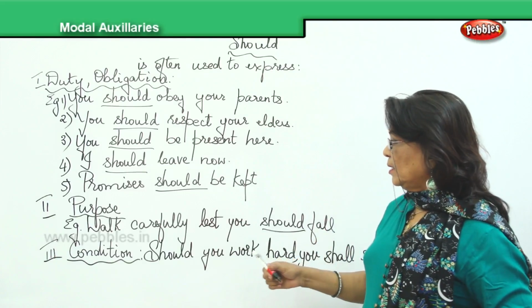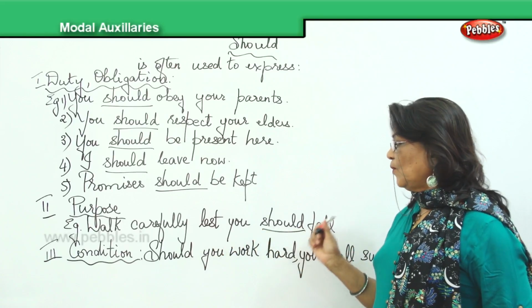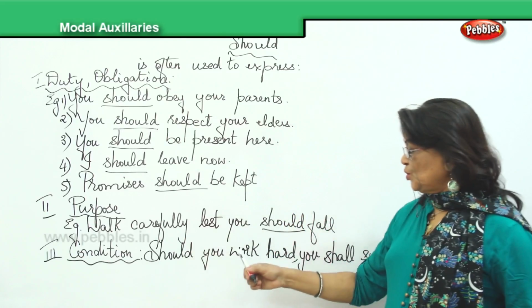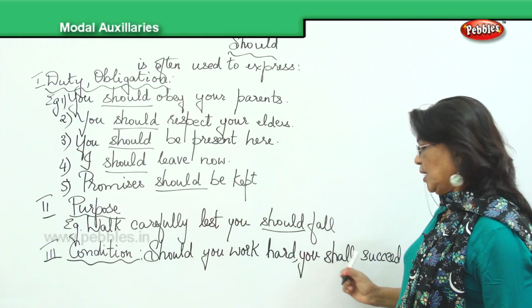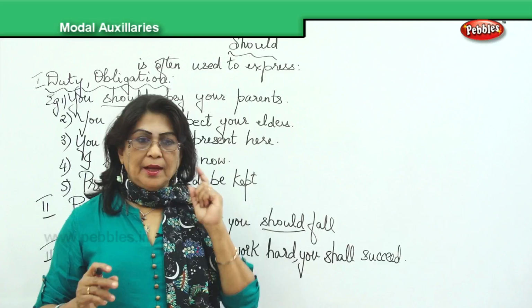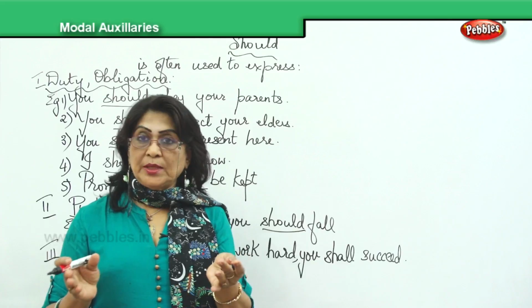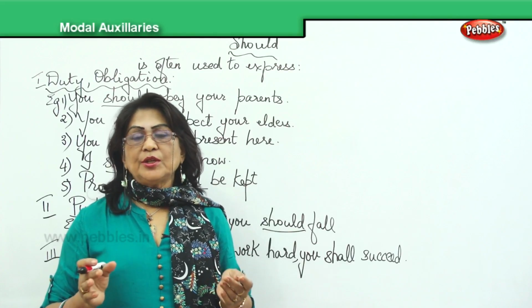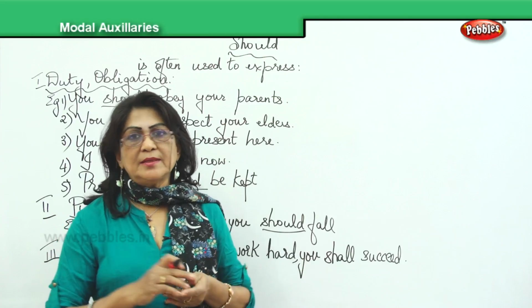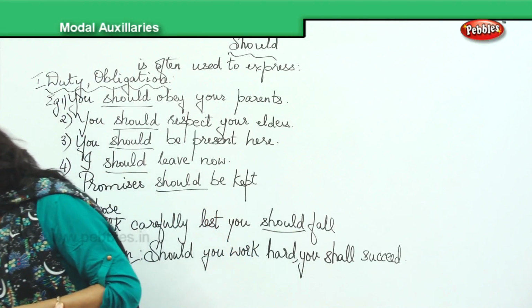Okay, let's see. Purpose, walk carefully lest you should fall. This is the purpose. And the third one is condition, should you work hard, you shall succeed. Should you work hard, you shall succeed means if you work hard, you will succeed. Using should or using if also, we can say the same sentence. Should you work hard, you shall succeed. Now let's see the next point.